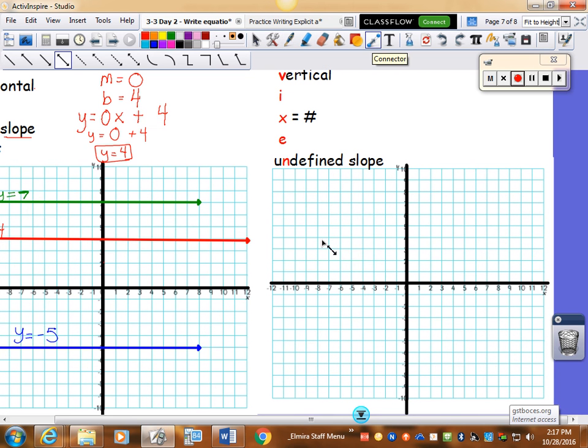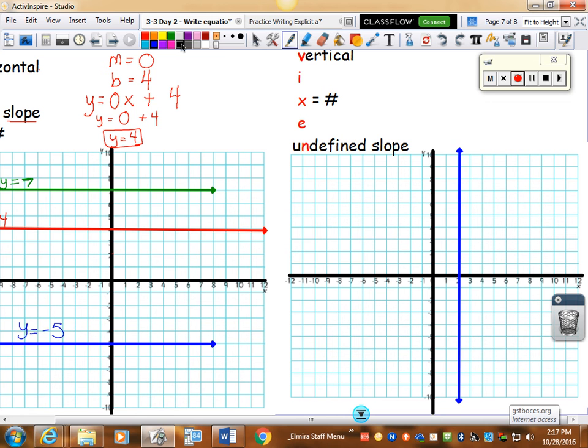If I draw a vertical line, what vixen is, vixen, not just a reindeer anymore. Vixen is to help you remember that vertical lines are x equaling a number. Why does that happen? Well, the n, I had to fudge this a little, n is in undefined.